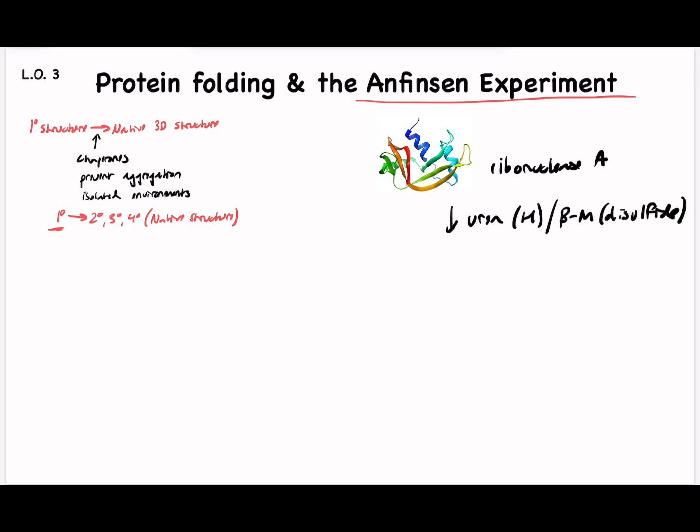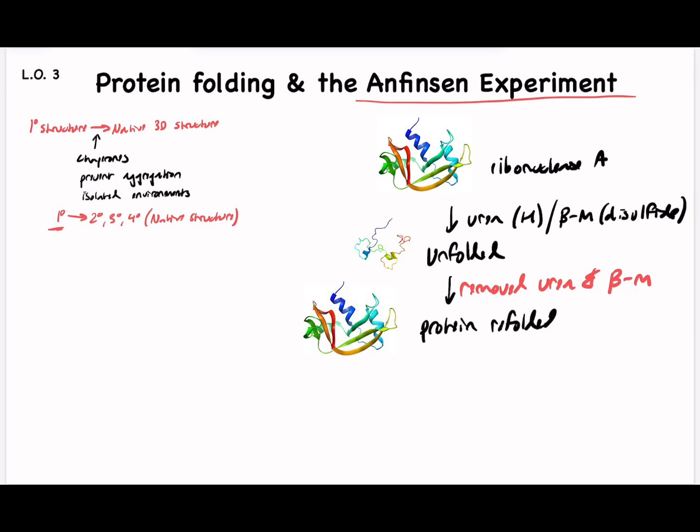And so, as you might imagine, by destroying hydrogen bonds and by destroying disulfide bonds, the protein ribonuclease A unfolded. But now here came the interesting part and where the most significant findings of the experiment stem from. Once both chemicals were removed, so once you removed the urea and the beta-mercaptoethanol, the protein spontaneously refolded.